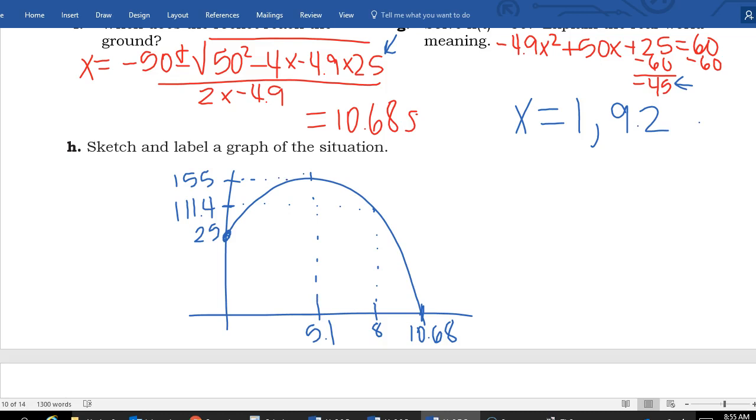This is really not drawn to scale, but 60 is going to be in here approximately, and that would lead to a time right here at 1 second, but also a time right here at 9.2 seconds. So I can't really fit this on there and make it look that neat, but hopefully that is clear how each of these values landed on our graph.